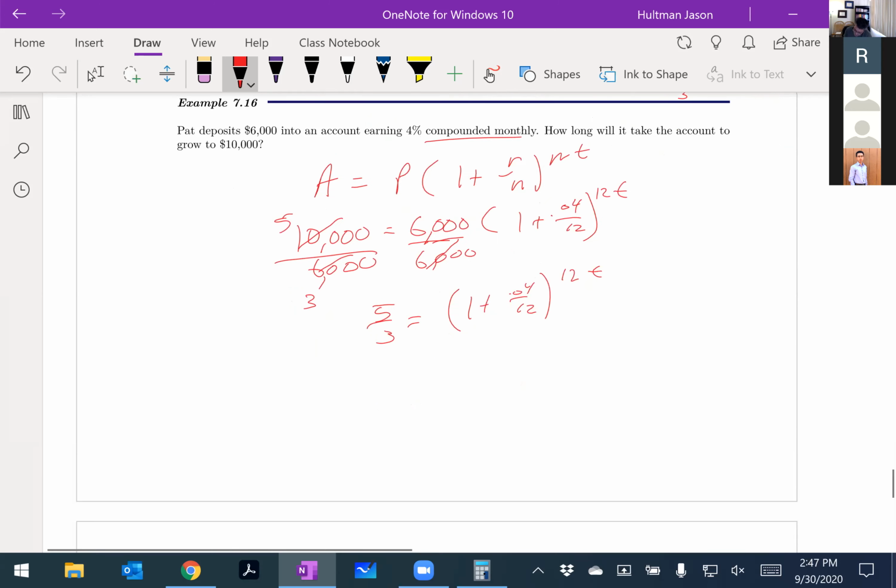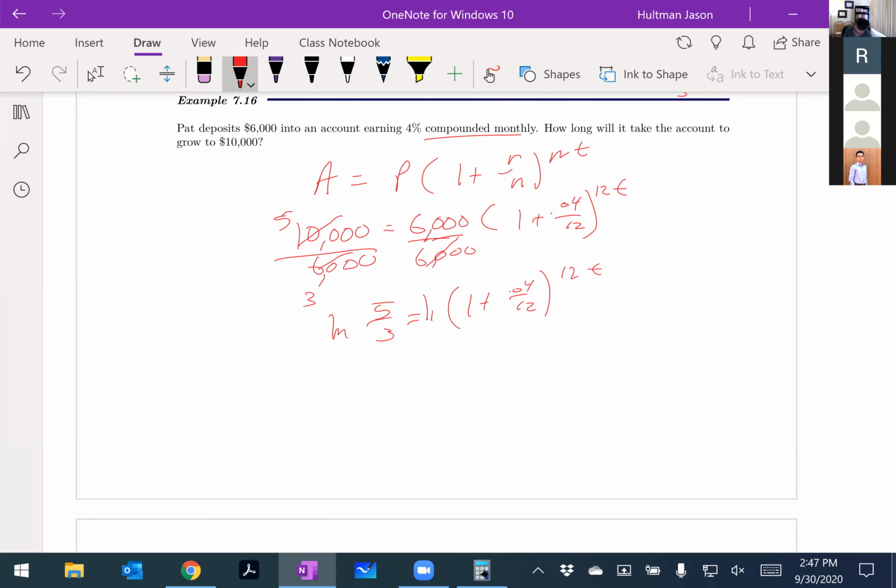So now what do I need to do? Well, I need to take the natural log of both sides. That's going to allow me to bring this 12t and put it in front. It basically turns an exponential into a linear when I do that. So natural log of 5/3 equals 12t times the natural log of 1 plus 0.04 over 12. Then I'm going to divide by the 12 and by the natural log of 1 plus 0.04 over 12.